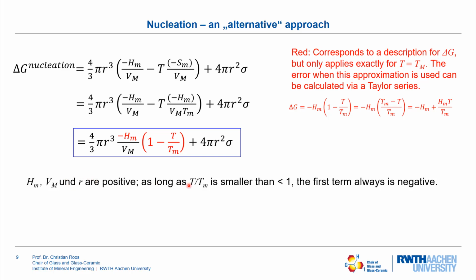As long as the melting temperature is always higher than the temperature of the actual system, this part of the equation is always negative. And it comes to this part, again, of the curved surface of the nuclei, which finally needs to be smaller than this part to allow nucleation.